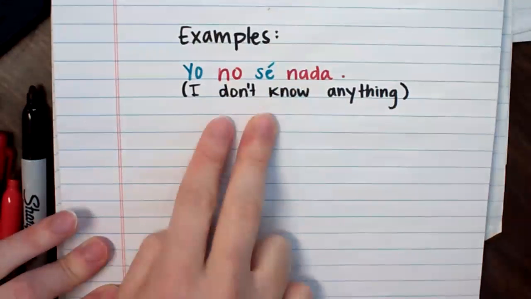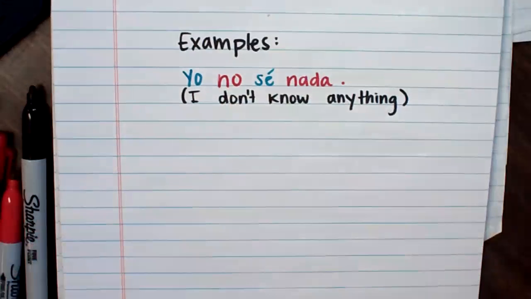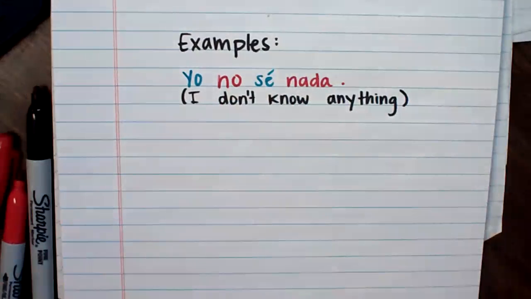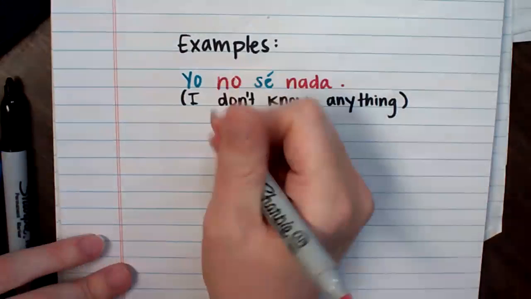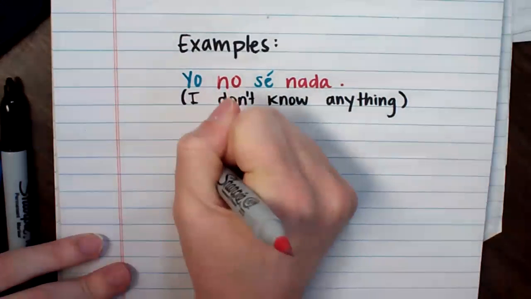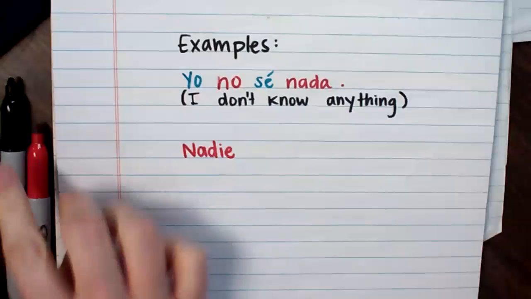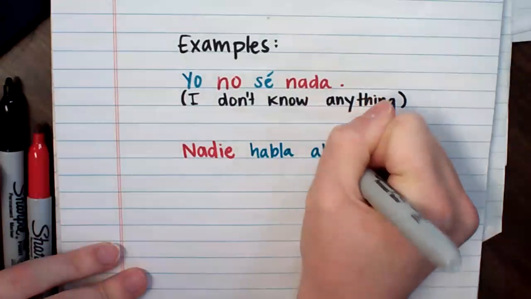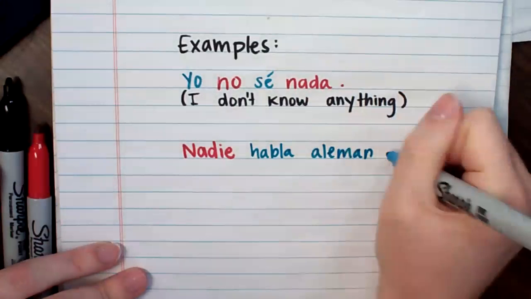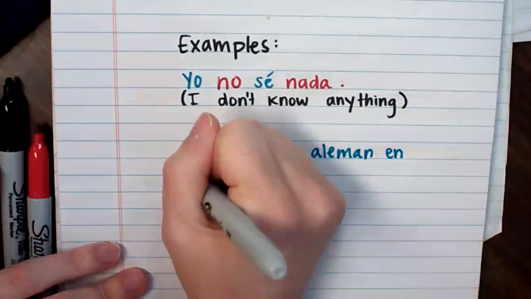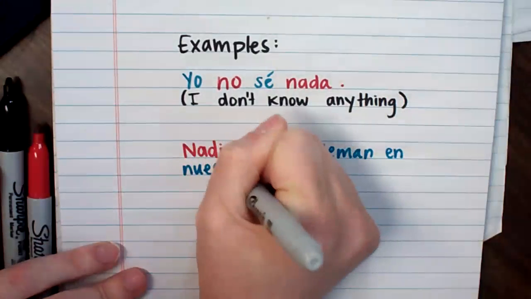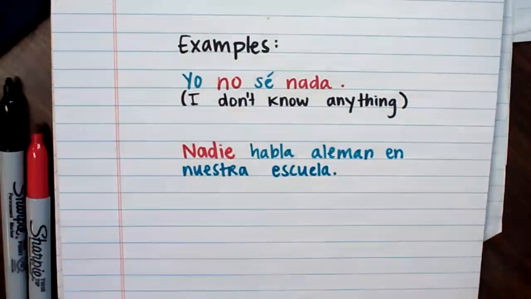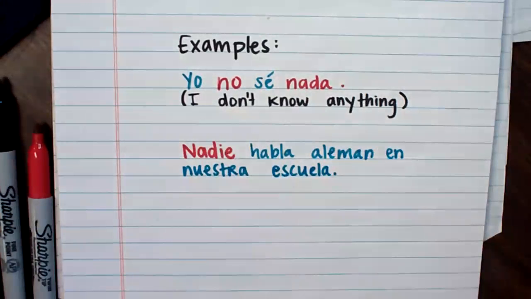But double negatives can also expand an idea. So another sentence, let's use nadie. Nadie habla alemán en nuestra escuela.